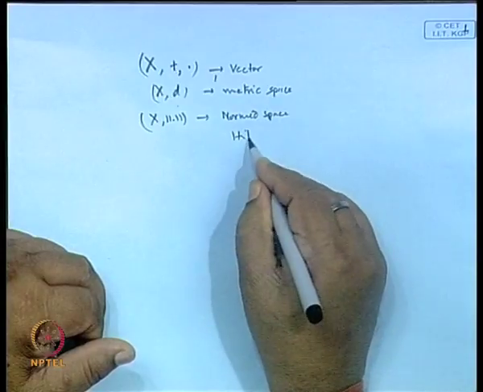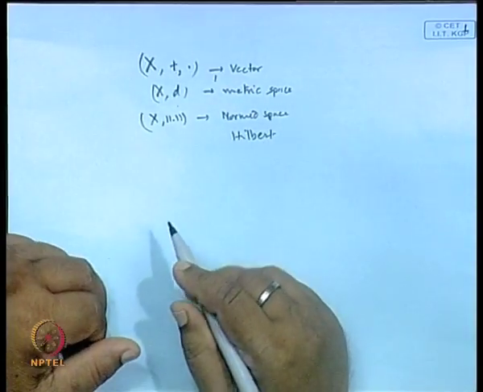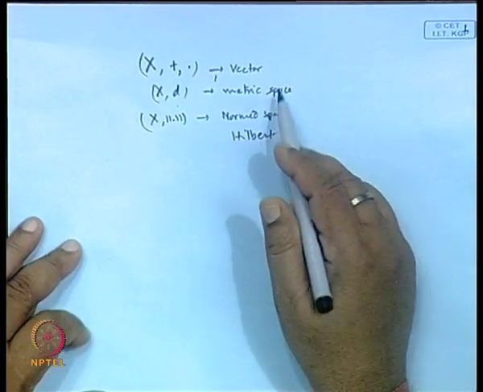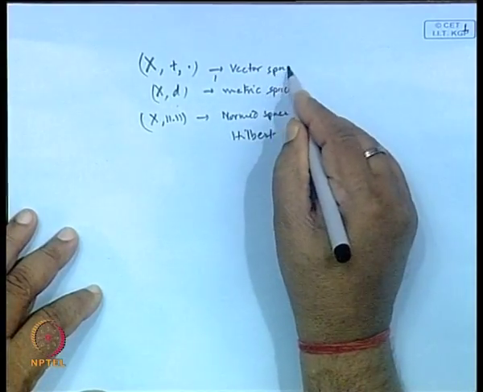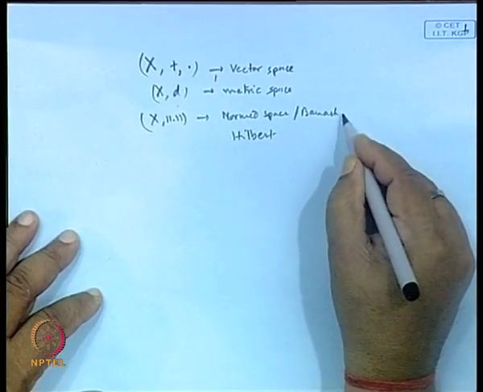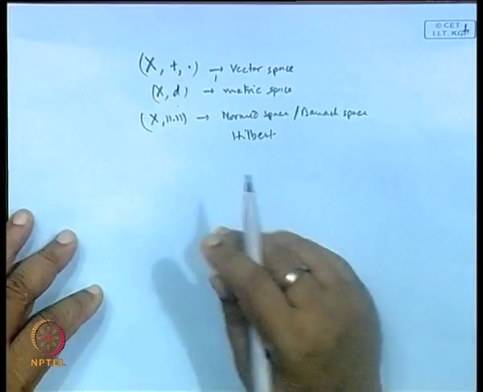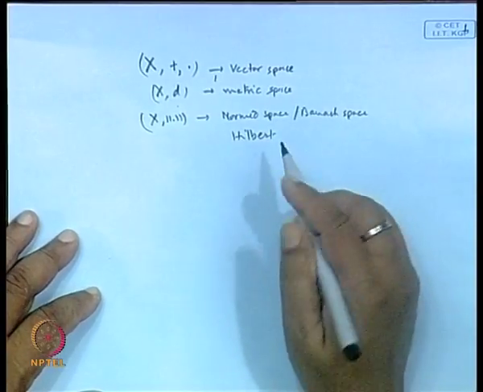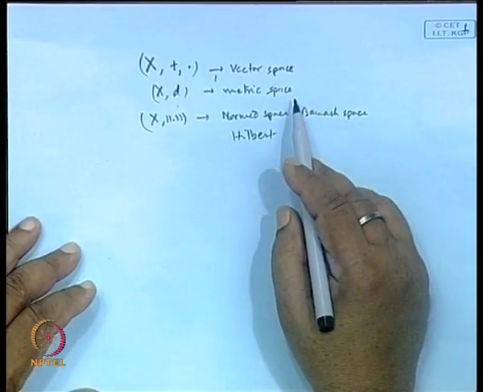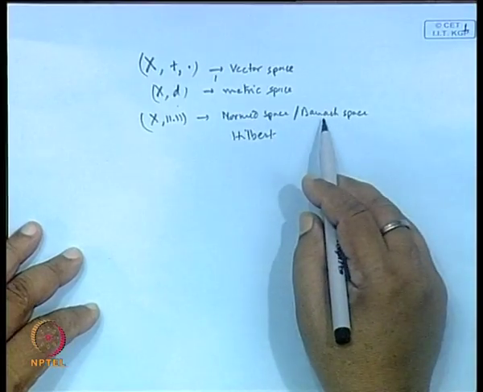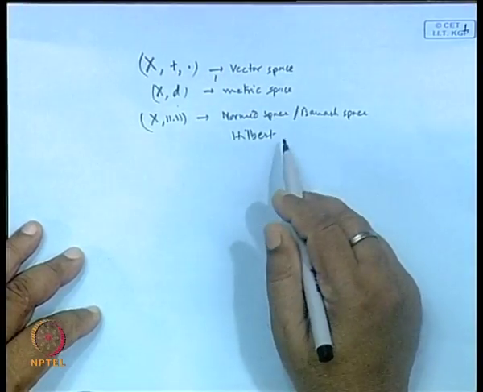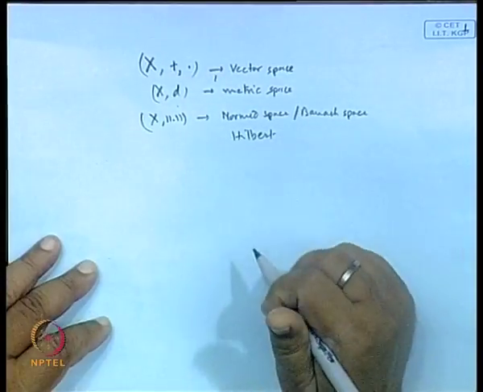So, basically, with the help of the various structures defined on a set X or on a vector space X, we get various types of structures like vector space, metric space, normed space, Banach space and Hilbert space.